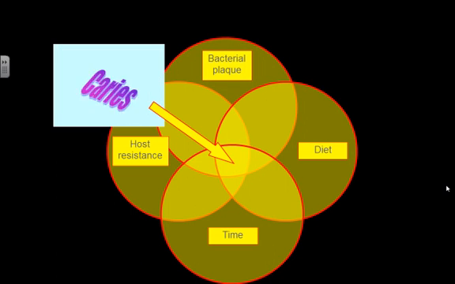Caries is a combination of the bacterial plaque, the patient's diet and its implications for feeding the bacterial plaque, the duration of exposure of the teeth to the bacterial plaque, and host resistance.